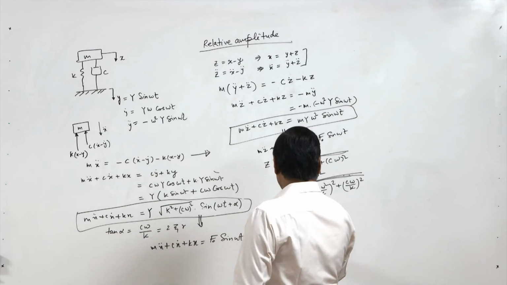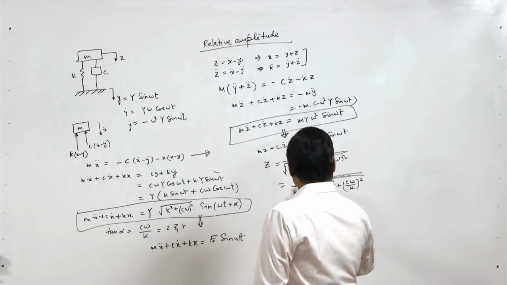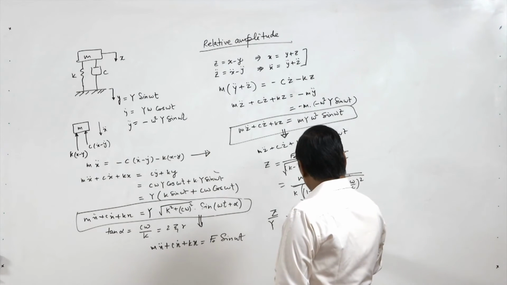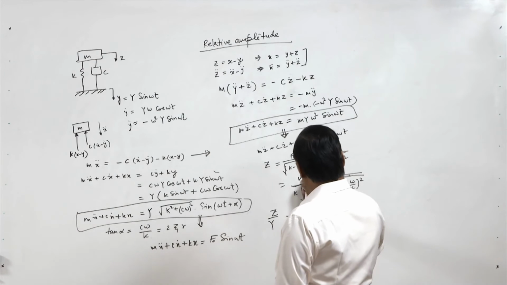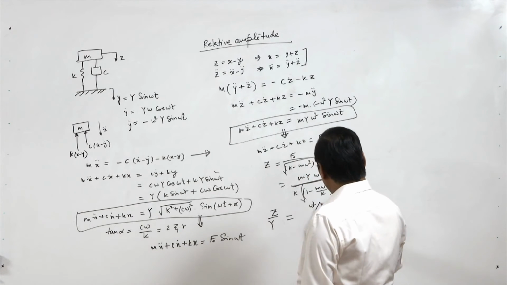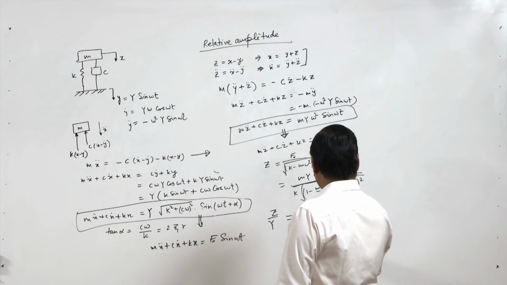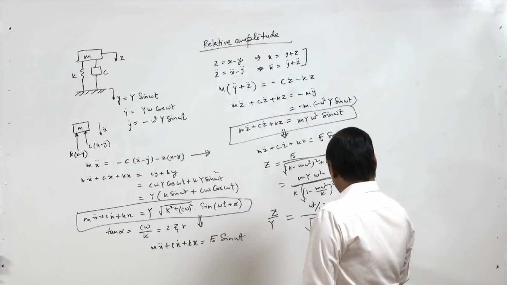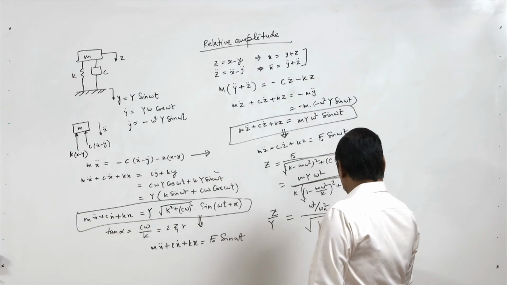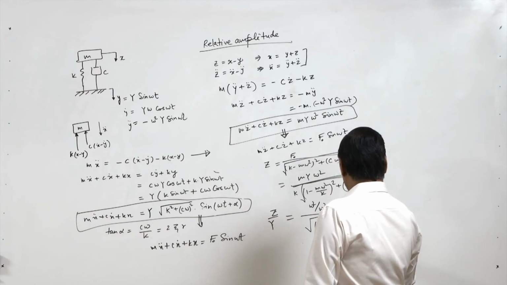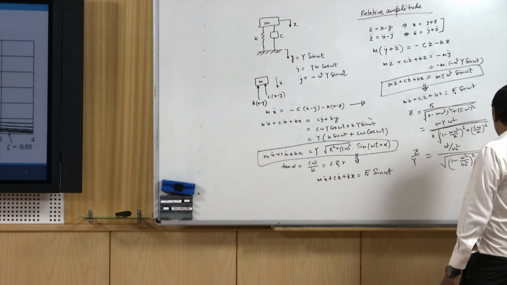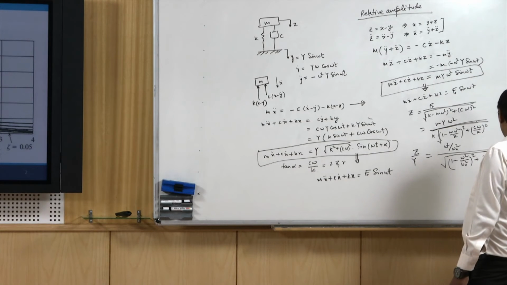We can write z by y equal to omega square upon m by k, so or k by m, so it is omega n square, upon root of 1 minus omega square by omega n square whole square plus 2 zeta into omega by omega n whole square.